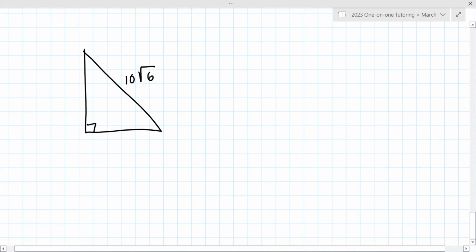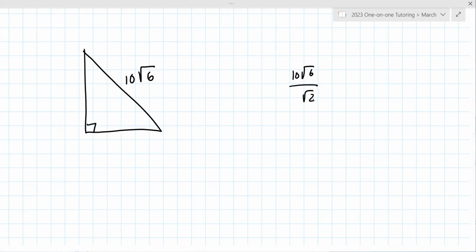Now here's another scenario. What if I give you that the hypotenuse is 10 square root of 6? I would have to break it up again. You'd have to divide it by the square root of 2. Yeah, so I multiply it by the square root of 2, right?